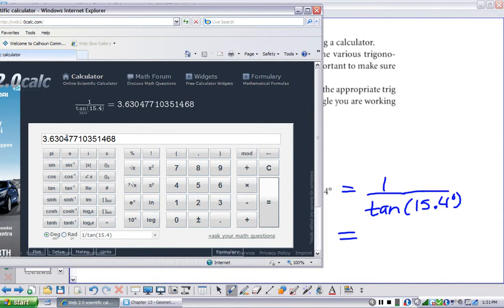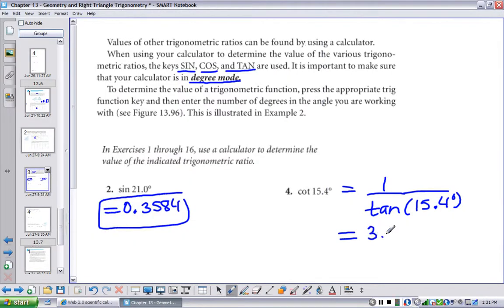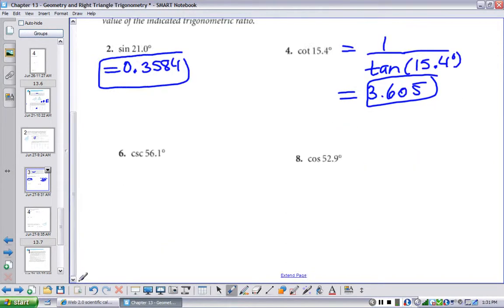We're going to round at the 4th, 5. 3.605. Again, you need to look at the key sequence of your calculator. You may have to do 1 divided by, open up a parentheses, and you may need to do the value and then tangent button. So I can't stress enough how important it is for you to know how to work your calculator.